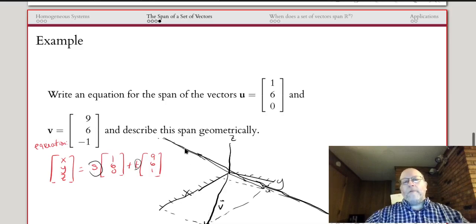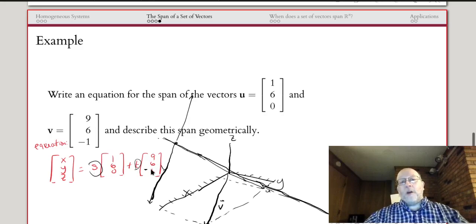I can go to this point on the first line, and then move in this direction for a length equal to v, or a length equal to -v, or a length equal to half of v. If I pick t equal to 1/2, I can pick any value for t and then move in this direction. That should be -1. I don't know why I left off the -1. Should have been -1 all along.